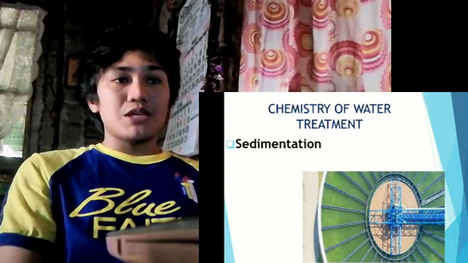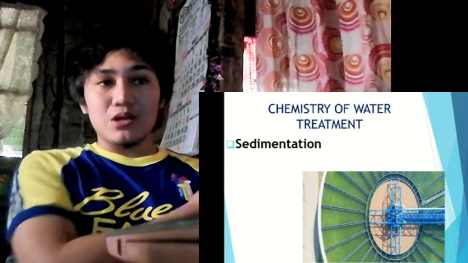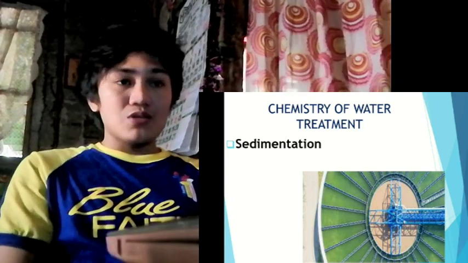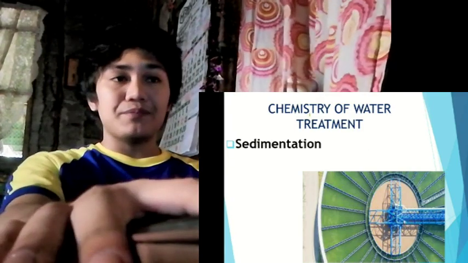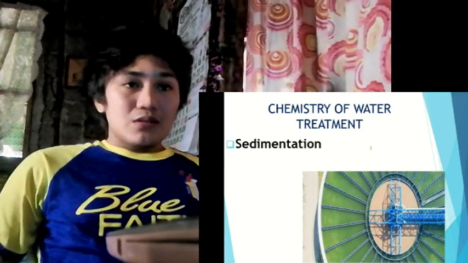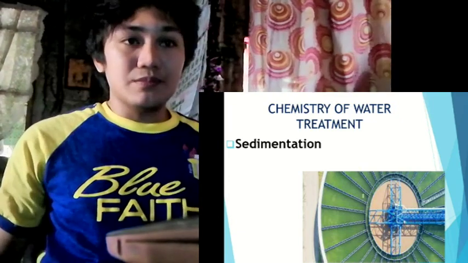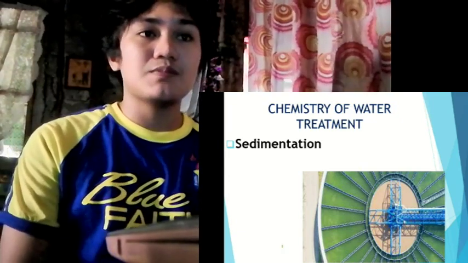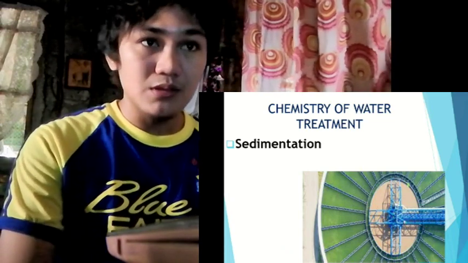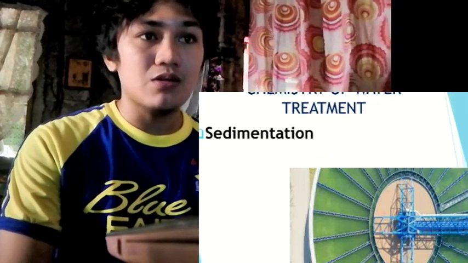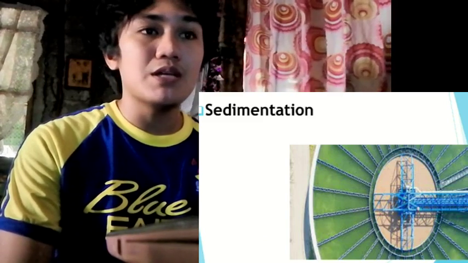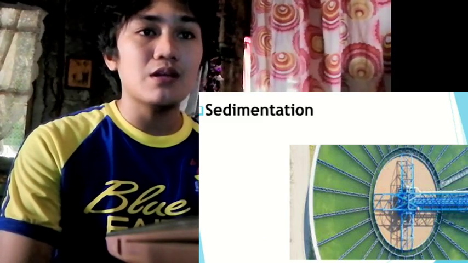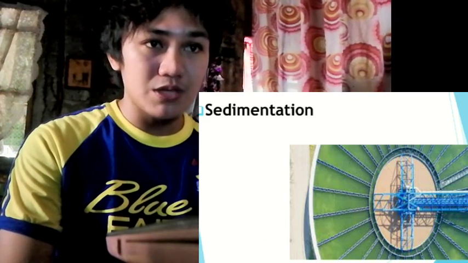Zones of a sedimentation tank: the inlet zone, settling zone, outlet zone, and sludge zone. Type 1 sedimentation is characterized by particles that settle discretely at a constant settling velocity. They settle as individual particles and do not flocculate or stick to other particles during settling.